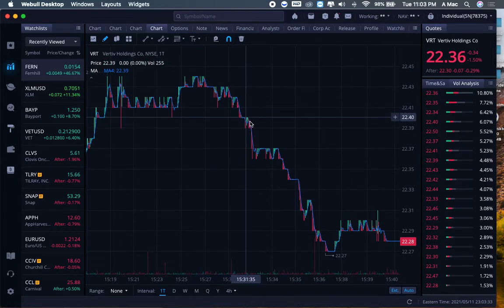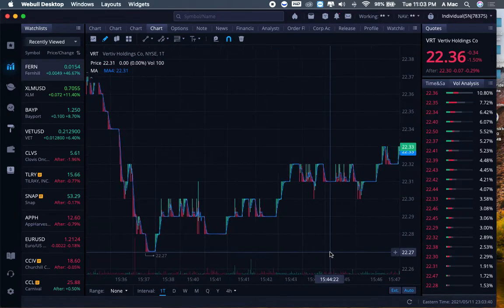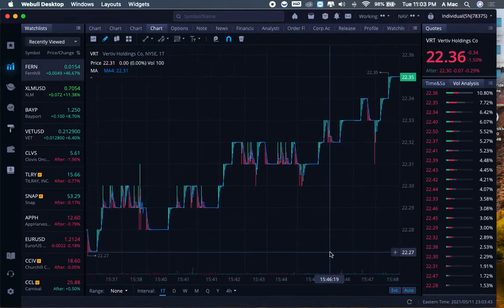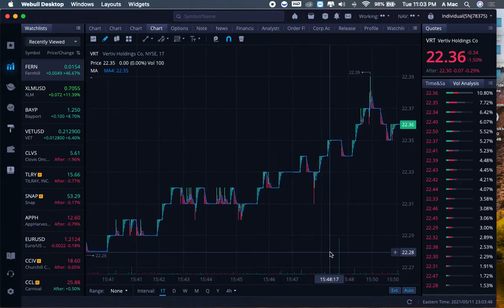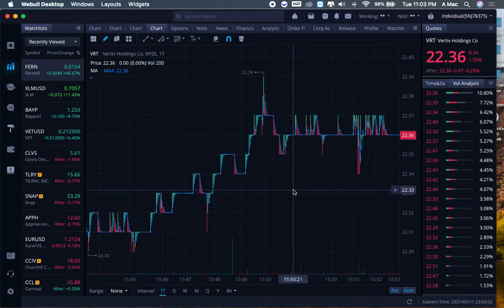So if you'd waited just a minute and a couple seconds, you could buy here and hold and hold and hold. And look what happens. It goes up all the way from here. From 22.27, 22.35, 22.39. And then it started to pull back again to that major support, 22.36.